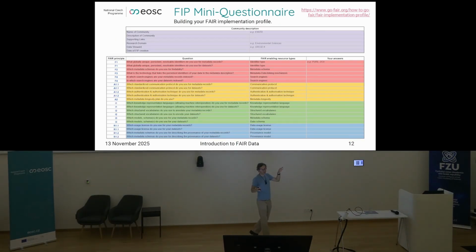Another view on the FAIR principles is the so-called FIP profile, FAIR implementation profile. What's this? More or less some particular technology or technique that will be used to fulfill a particular requirement of FAIR data. So, for example, if we have a requirement for persistent identifiers, we can choose DOI.